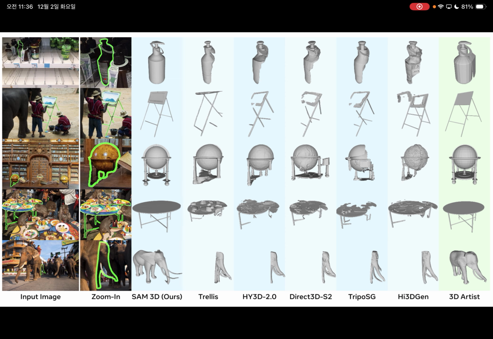And this one shows the mesh reconstruction. TriPoSG, I think this one is widely used. As you can see, images are occluded by some object, so previous work always outputs only a partial object, but here it outputs full 3D geometry.